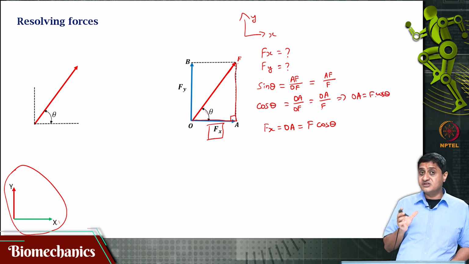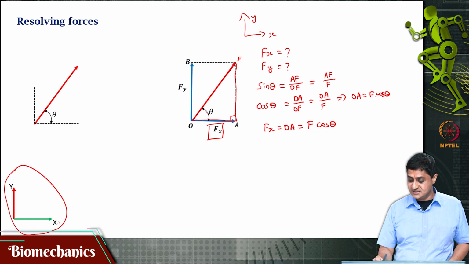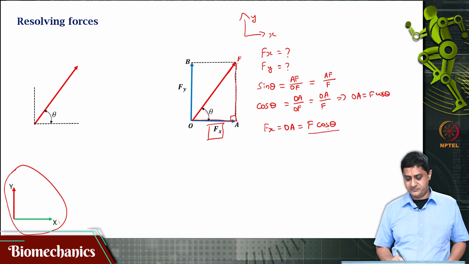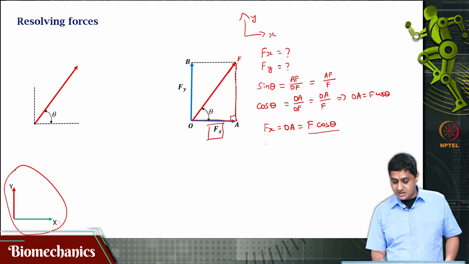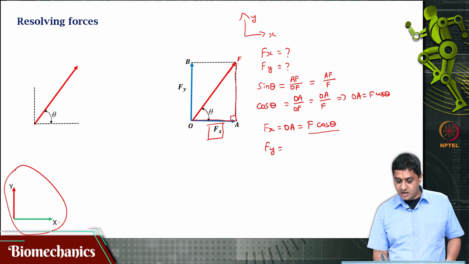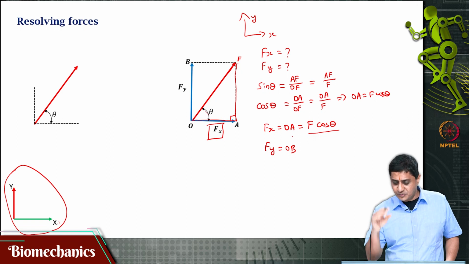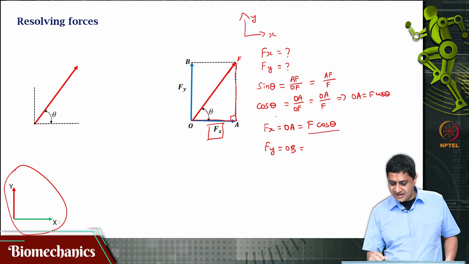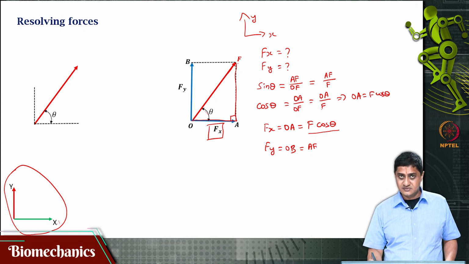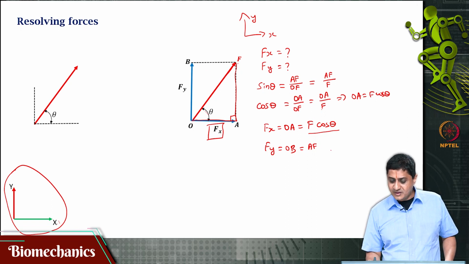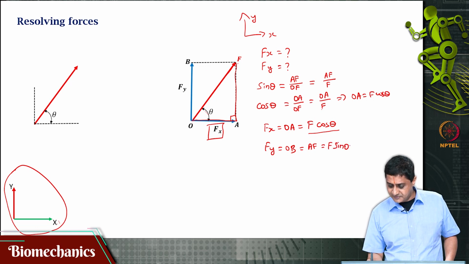So, the component of this force along the x axis is F cos theta. The component of this force along the y axis is OB, but that length OB is the same as the length AF, is it not? It is the same. And what is AF? That is F sin theta.